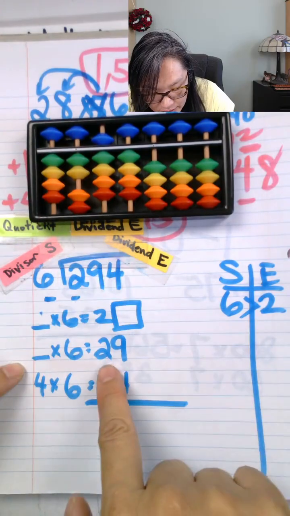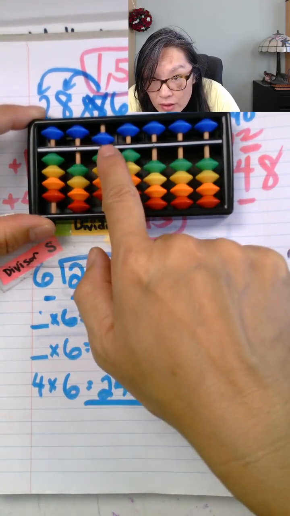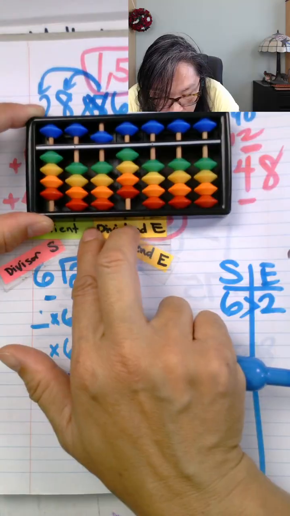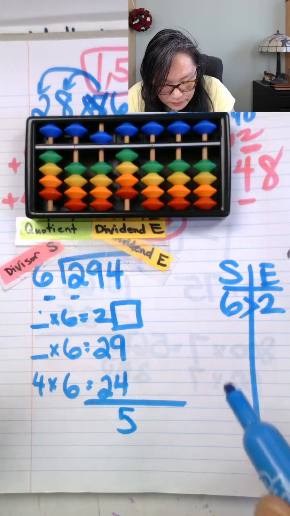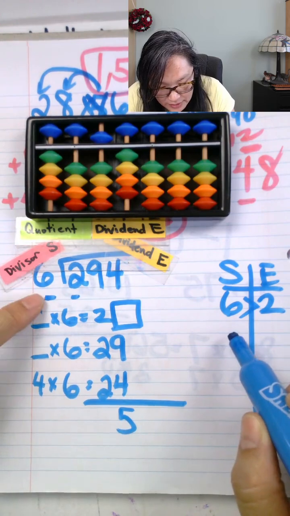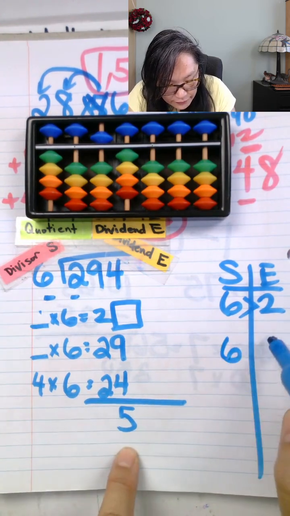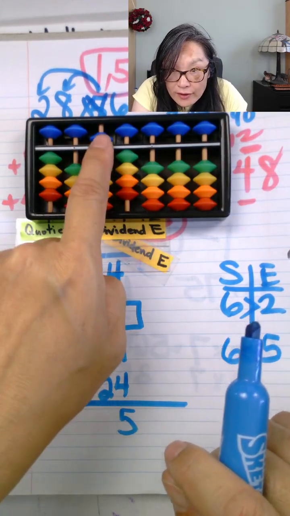And then we have to take away 24. So we take 20 and we take away the 4. So now we move everything over and we do that. So now we have 5. That's my leftover. So who is bigger, 6 or 5?